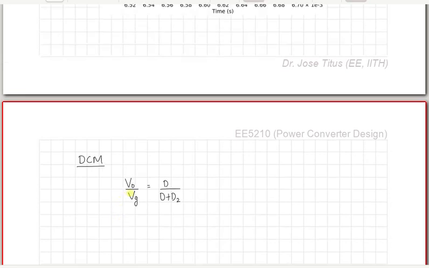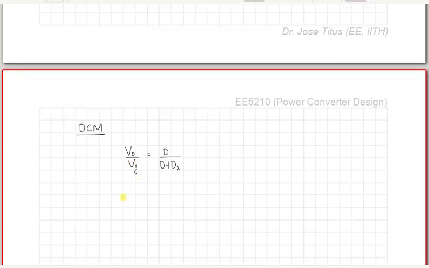And so again, similar to the previous case, to proceed with the design, we need to choose a value for the inductor current ripple, delta IL max. So in this case, what would be a good choice for delta IL max? So we can choose this value to be 20 amps.